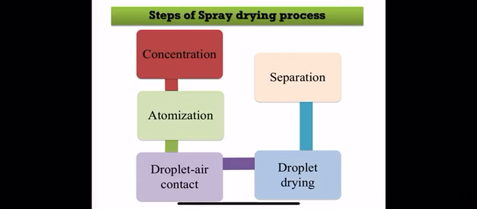A cyclone separator works on the basis of a vortex. In the vortex, the lighter particles like air are moved out of the chamber, and the powder, which is a little bit heavier than the air, moves to the bottom. In that way we separate both.